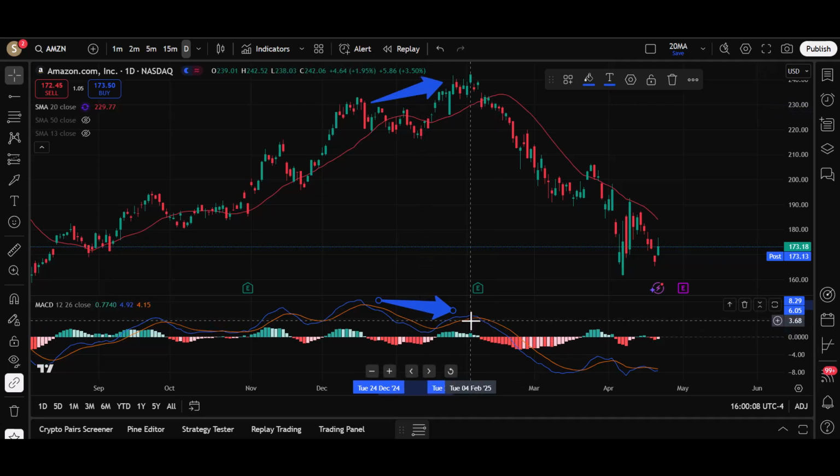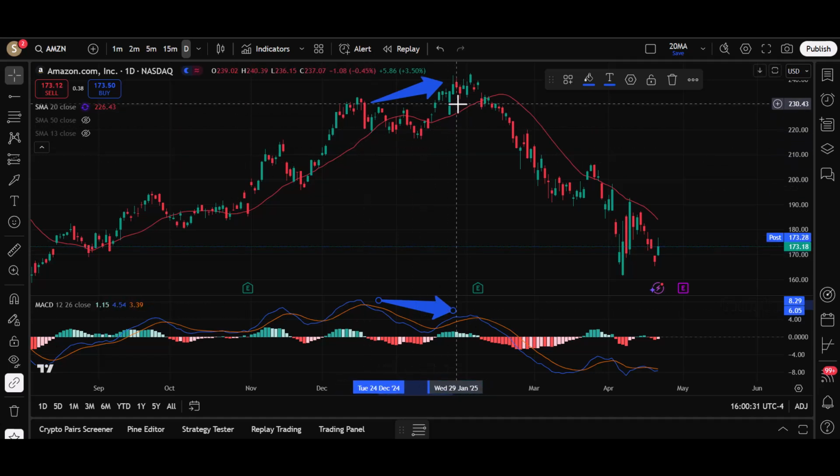And again, MACD has foretold that move by not making a higher high itself, but rolling over. So again, a negative divergence in Amazon, which at a minimum should make you wary if you're long, right? It's not saying jump in short because this is definitely going to roll over, but it's a time you want to tighten up stops if you're long Amazon at a minimum.